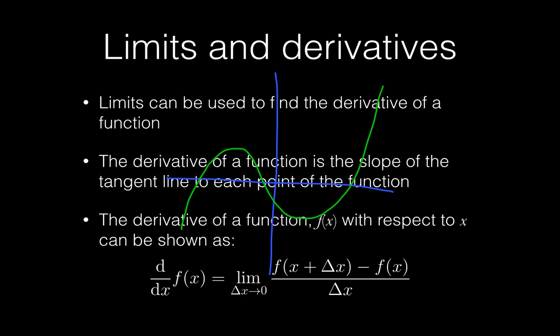Here's one. If we take 2 points, it's easy to find the slope between them. What the derivative does is it finds, as these 2 points get closer and closer together, it finds the limit when the points overlap each other. There's 0 distance between them because the change in x approaches 0.